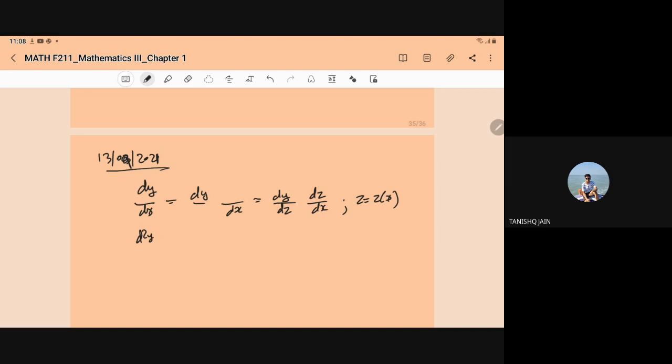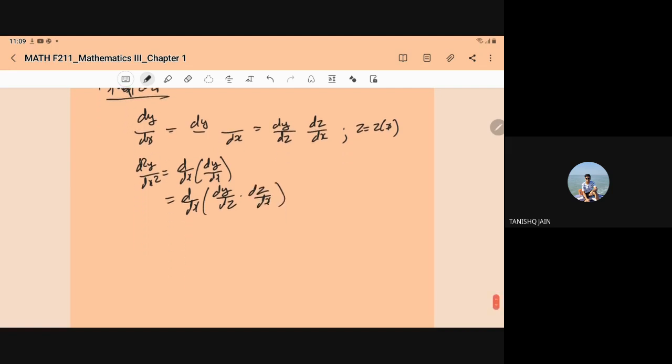Similarly, if you have to compute d²y/dx², it is the d/dx of dy/dx. And dy/dx is dy/dz into dz/dx. So by the product rule, it becomes d/dx of (dy/dz) into dz/dx, the derivative of the first one, plus dy/dz and d/dx of the second one, dz/dx.